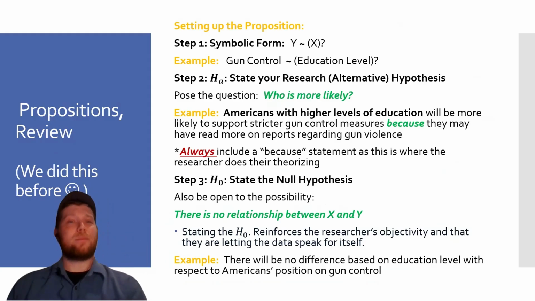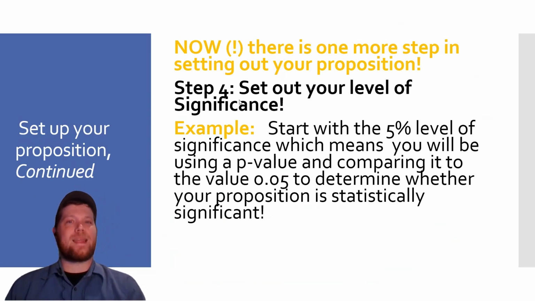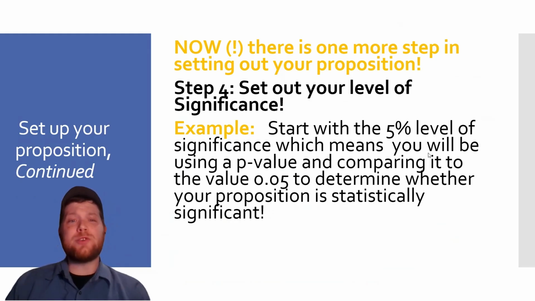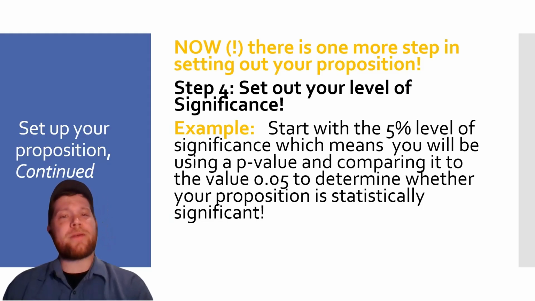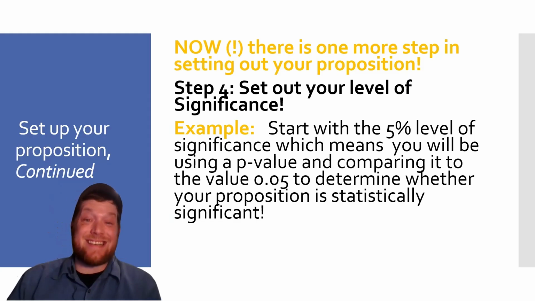I'm going to skip over pretty much step 1, symbolic form, 2, your alternative hypothesis, 3, your null hypothesis. We talked about all these things. We're now going to go into step 4, setting your levels of significance. We're going to start at the 5% level of significance, which means you will be using a p-value and comparing it to a value of 0.05 to determine whether your proposition is statistically significant.